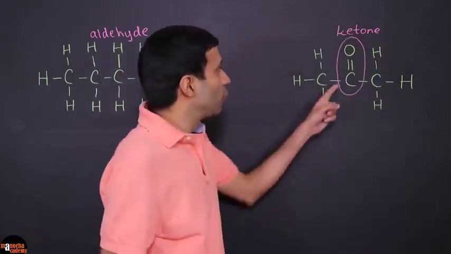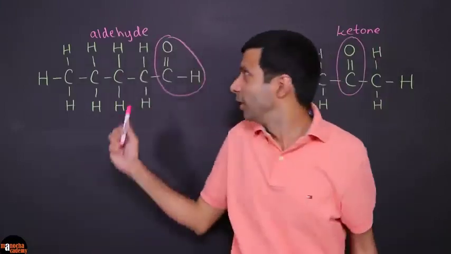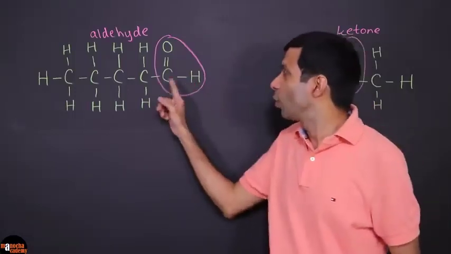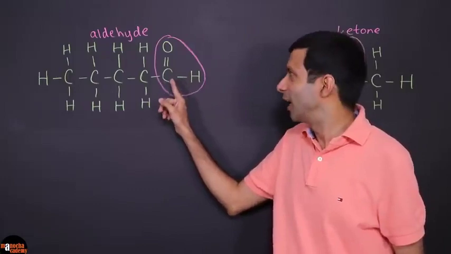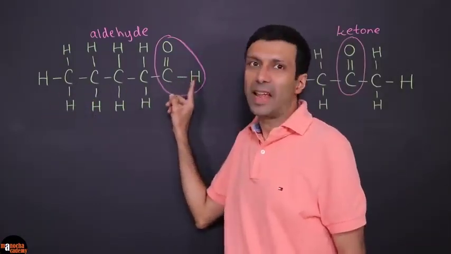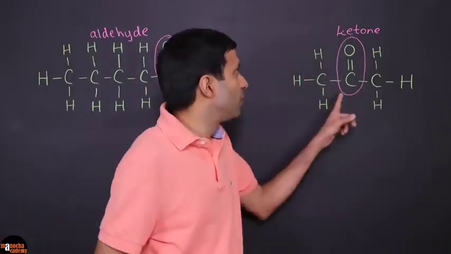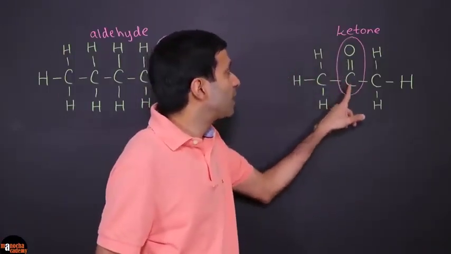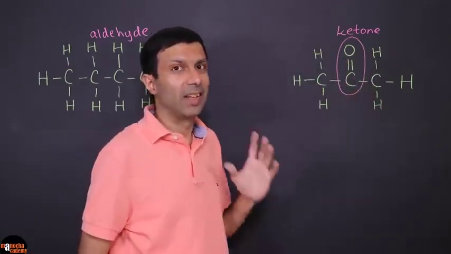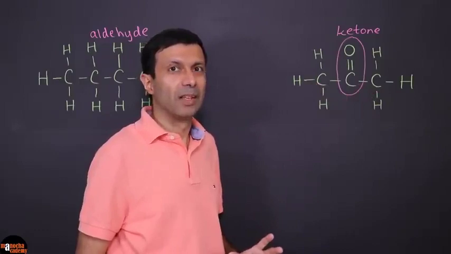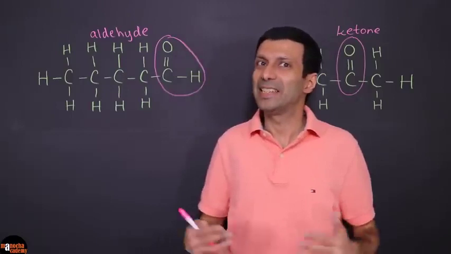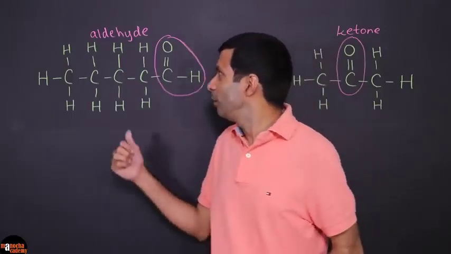So both the functional groups have C double bond O on them. So what's the main difference here? The aldehyde group is always at the end, so either on this carbon or it could have been here, because it ends with an H. But the ketone group is interesting because the ketone group must have at least 1 carbon on both the sides. So that's an important difference to remember, because the functional group decides the property of the compound and of course its name. So let's try to name this guy.